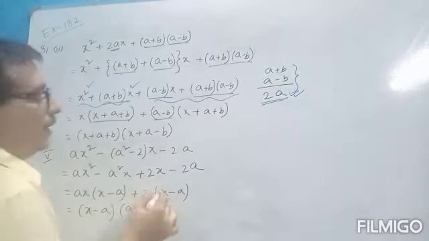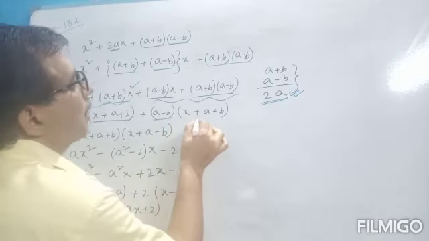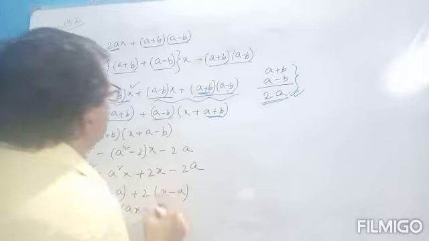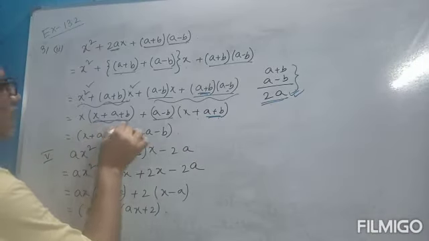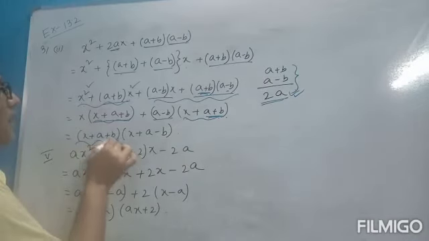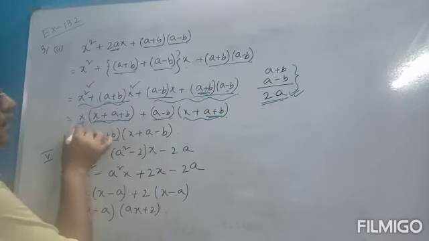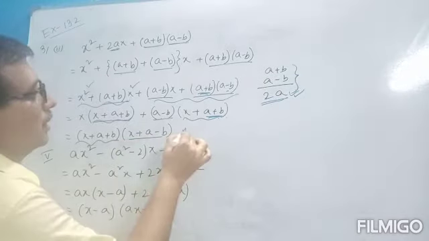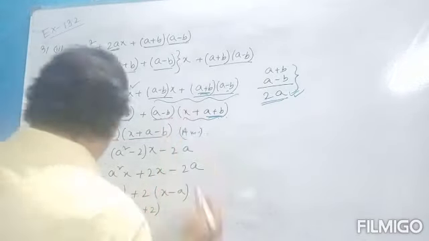If we take a minus b common, this is x plus a plus b, and this is a plus b as well. Now x plus a plus b is common to both, so we take x plus a plus b common from these two. This gives x and plus a minus b. It will be the answer.